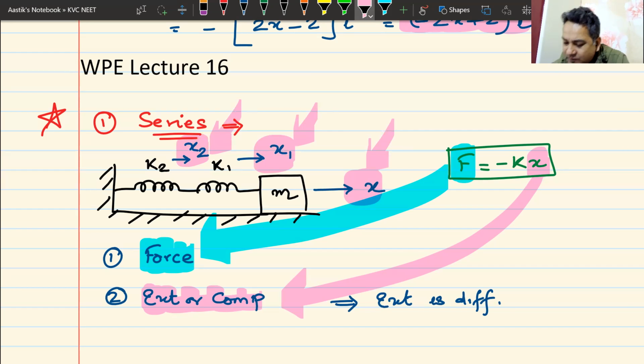Now, applying some common sense, if K1 spring extends by x1 and K2 spring extends by x2 and the body extends or moves by x, can you tell me what will be the relation between x1, x2 and x?